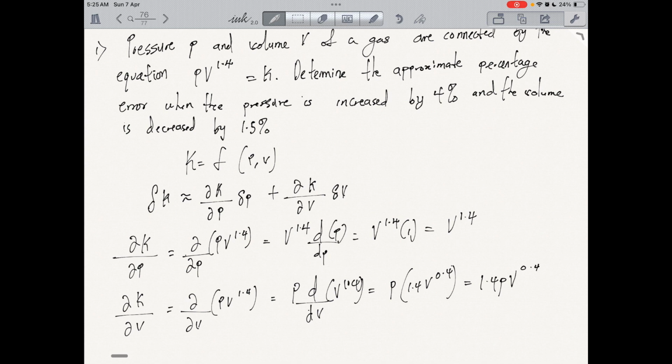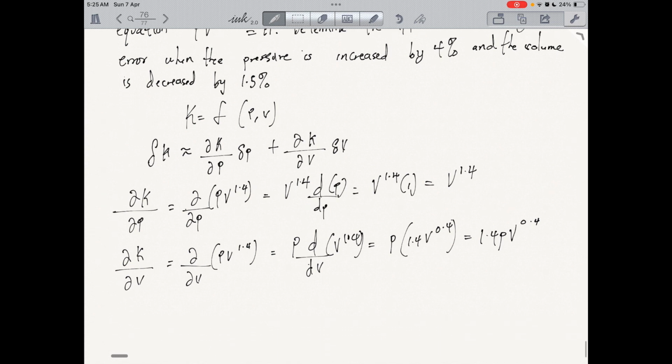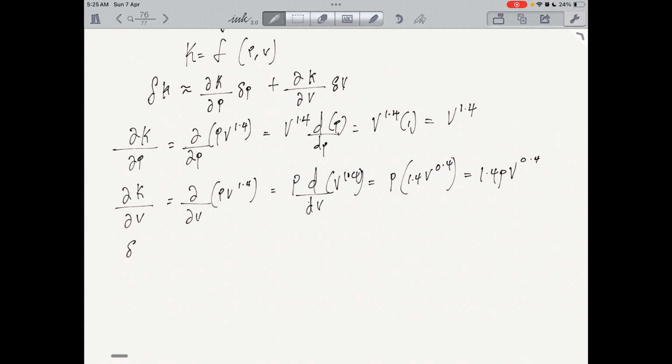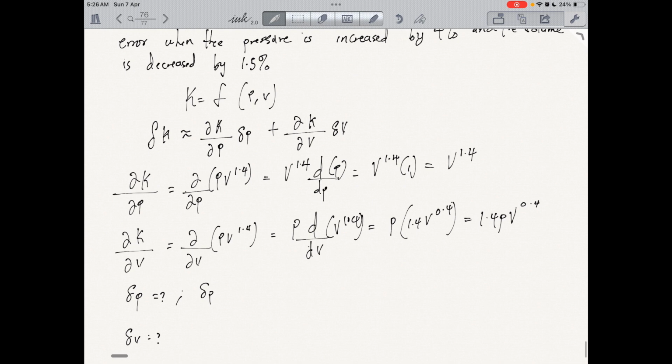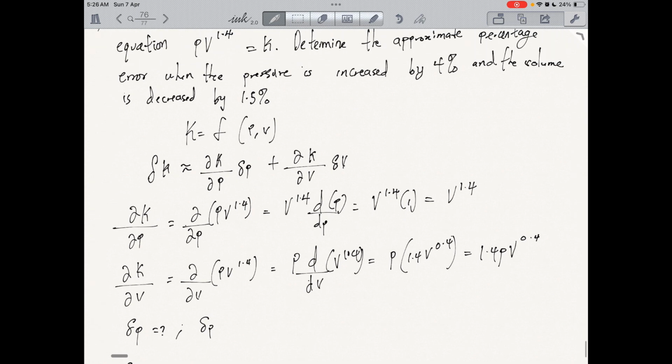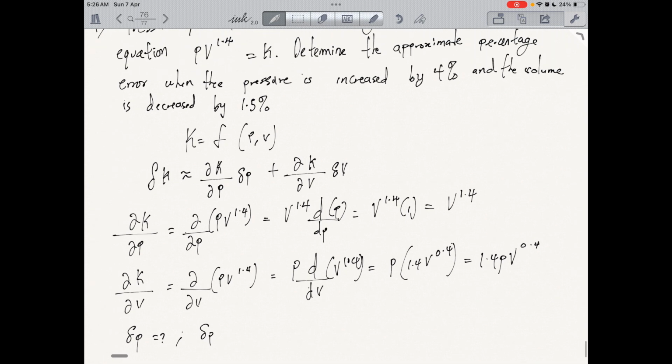Now let us consider the small changes in pressure and in volume, delta P and delta V. If we look at the question again, it says determine the approximate percentage error when the pressure is increased by 4%.